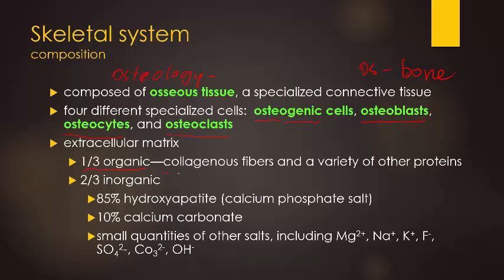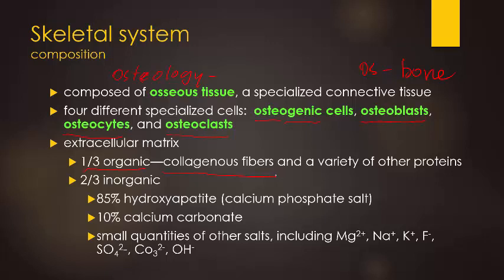There are collagenous fibers present in bone that help to give it a lot of strength, and then a variety of other proteins. The other 2/3 of the extracellular matrix is inorganic. If organic means it's composed of carbohydrate, protein, that sort of stuff, there's lots of protein in bone, but the bulk of bone material, 2/3 of it, is not organic materials. It's mostly mineral content.